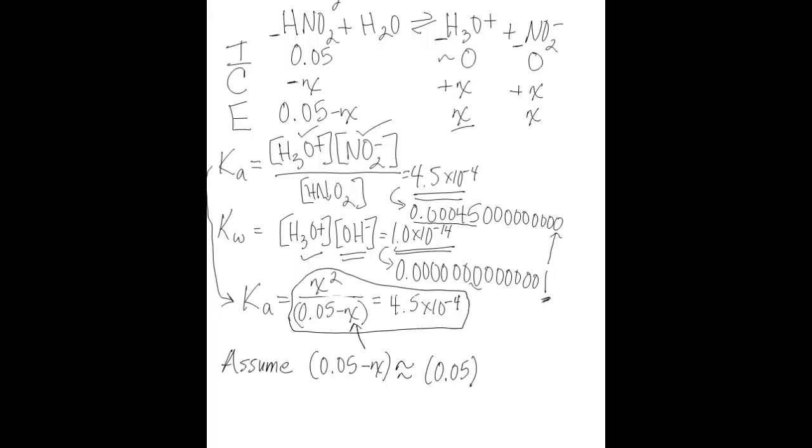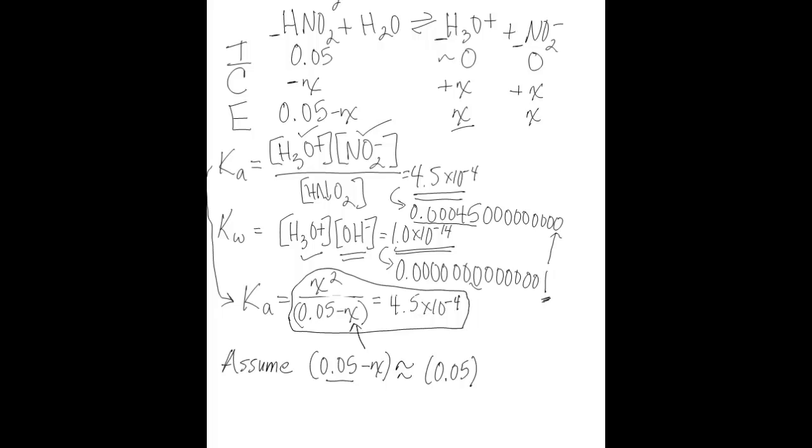So what we're really saying here is that X is so small that it will not change the initial nitrous acid concentration, which is 0.05, if we subtract X from it. So if we're going to assume this, we should test it first to make sure it's okay to make that assumption.